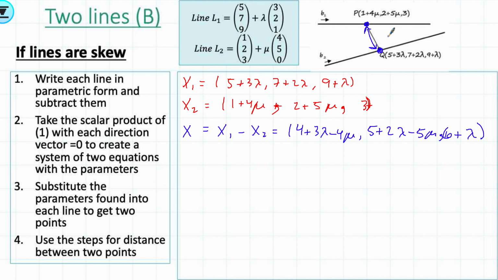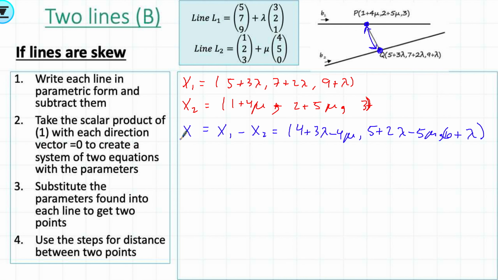So now what we've done is we've subtracted them, and we found this portion that's between them. What we will do now is take the scalar product, similar to what we did with point and line, but this time we will repeat it twice.